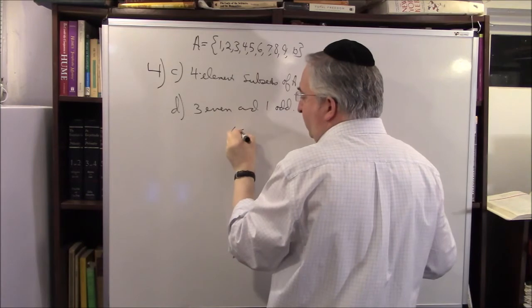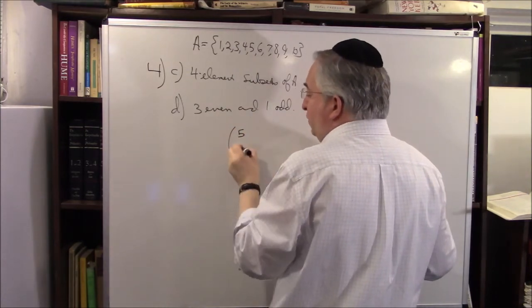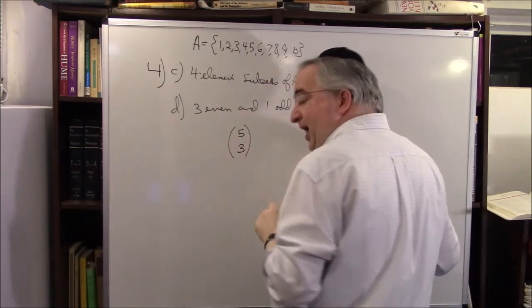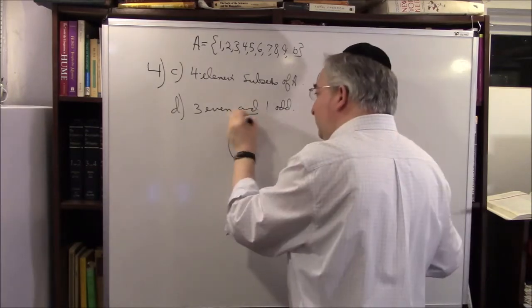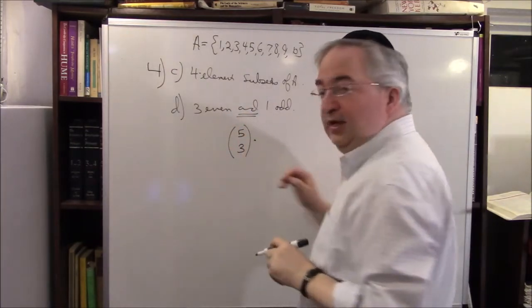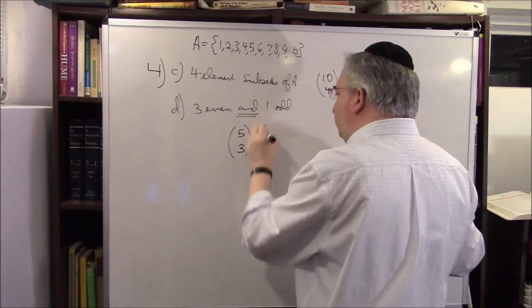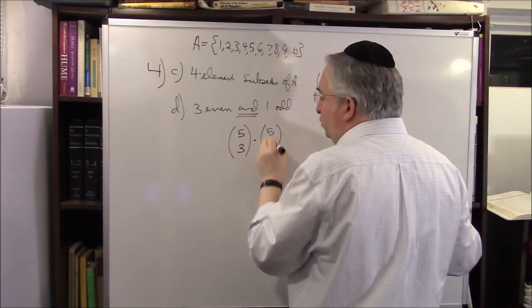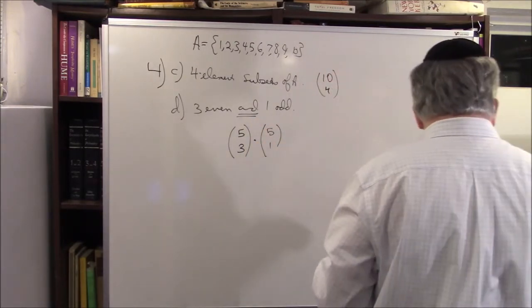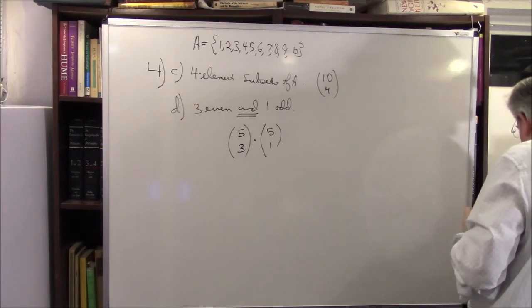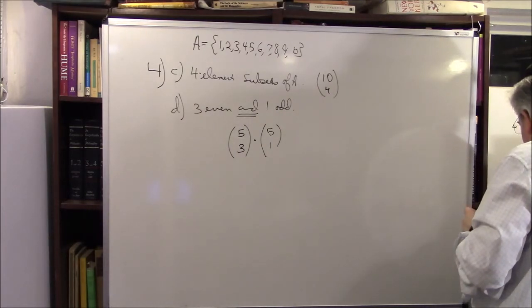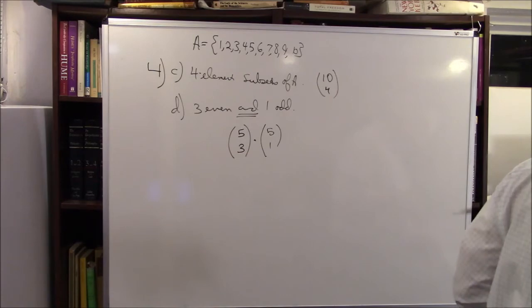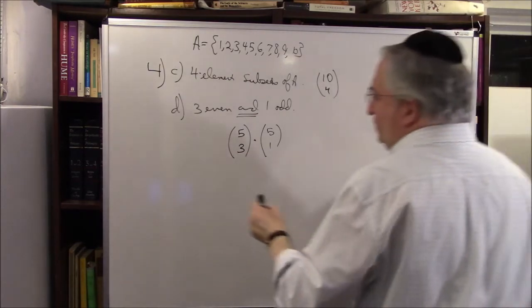So 5 are even, and you want to choose 3 of them. And, keyword, and, multiplication, and you have 5 odd ones, and you want to choose 1 of those. Again, we don't care about order.